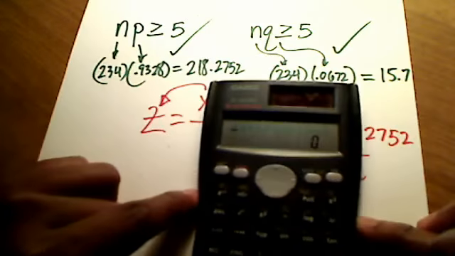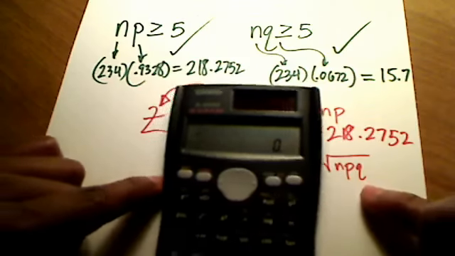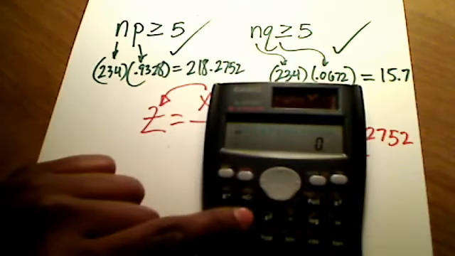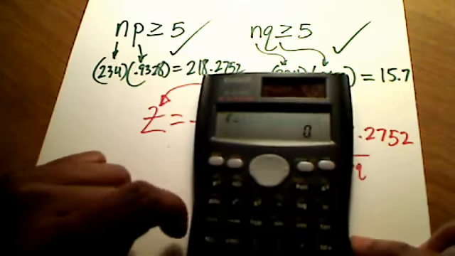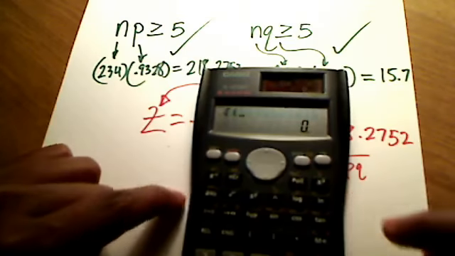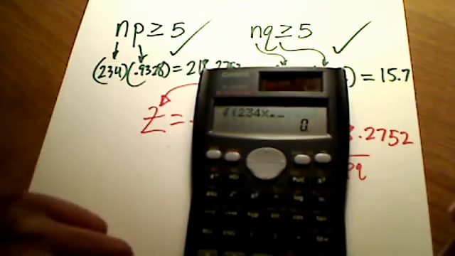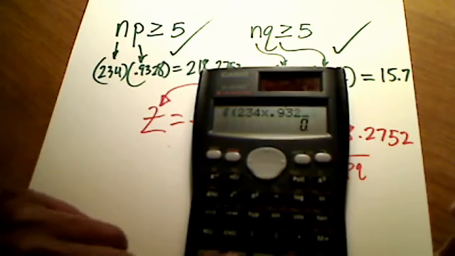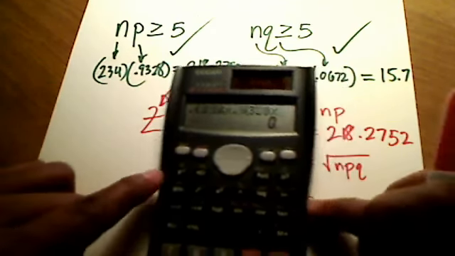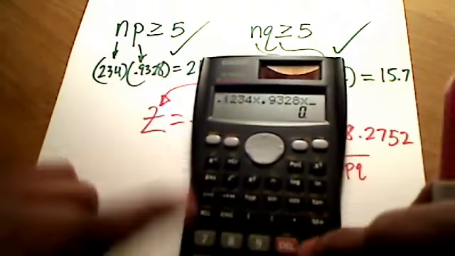Pull up my calculator. Again, the formula is the square root of npq. So I hit the square root button and open up a set of parentheses. I'll multiply my n, which is 234, times my p, which is 0.9328, times my q, which in this case is 0.0672.